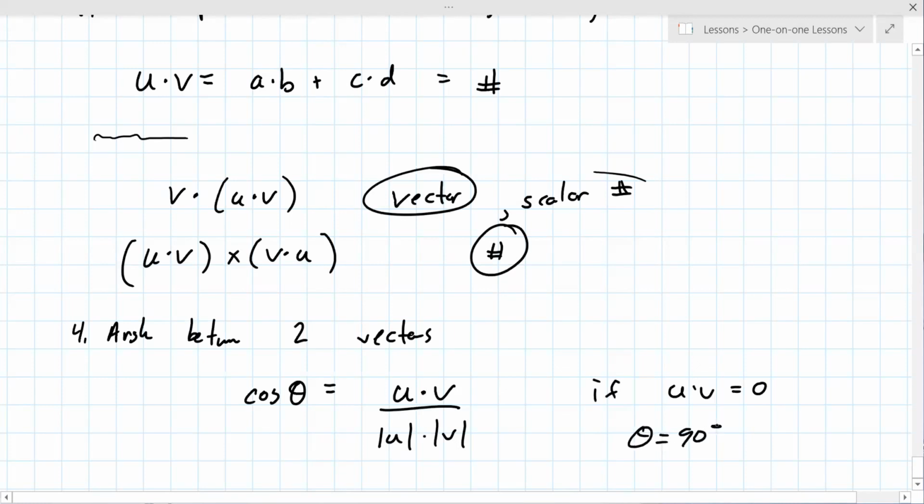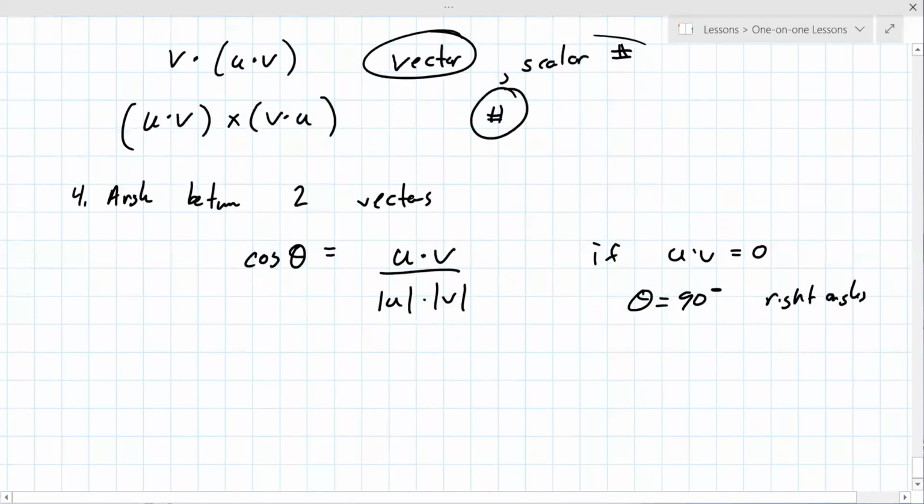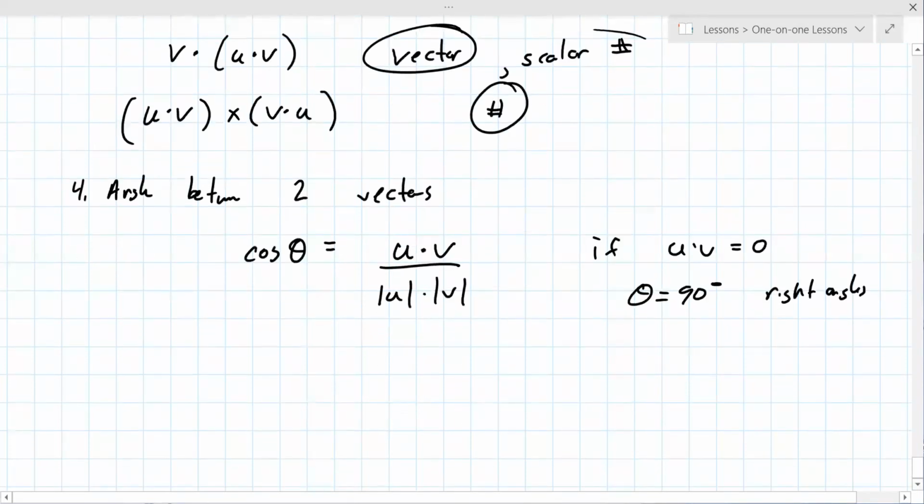That means they're right angles. That has a special name, right? That's like orthogonal or something like that. Yes, right, orthogonal, normal, they're all the same.